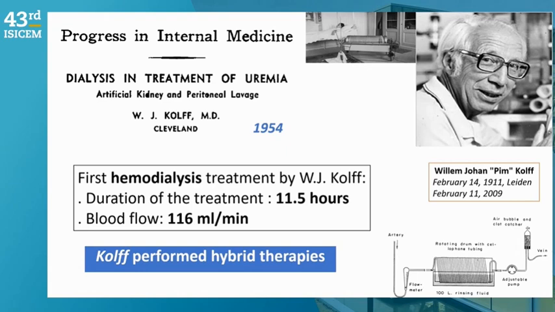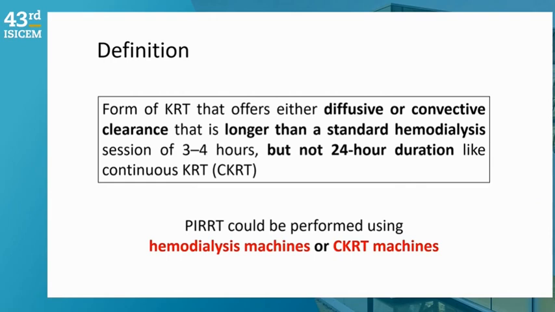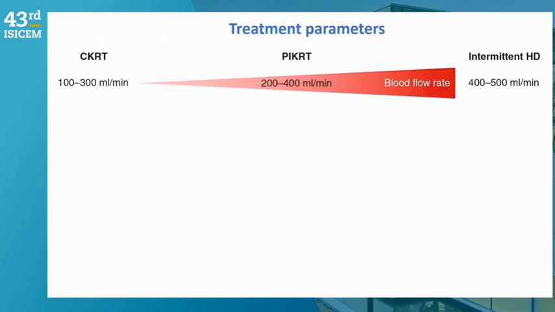The duration of the treatment was 11 hours, 116 milliliters per minute. So the definition of hybrid therapy is a form of RRT that offers either diffusive or convective clearance that is longer than a standard hemodialysis session, 3 to 4 hours, but no longer than 24 hours.